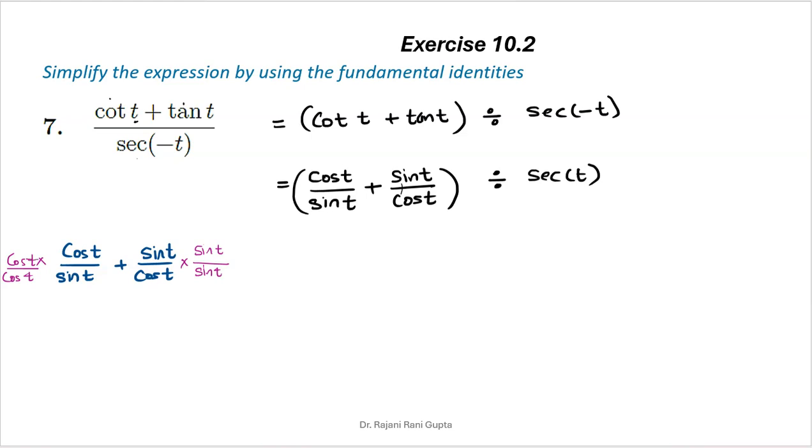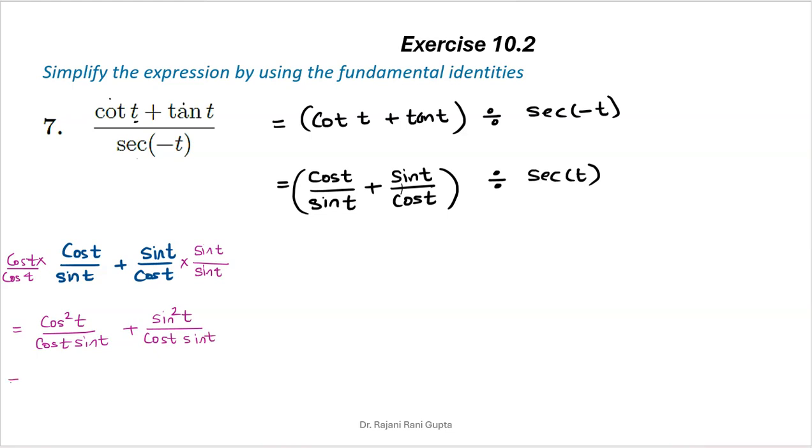So what happened now? The denominators are the same. So what do you get here? Cos of t times cos of t, so you get cos square t over cos t sin t, plus sin t times sin t becomes sin square t divided by cos of t times sin of t.